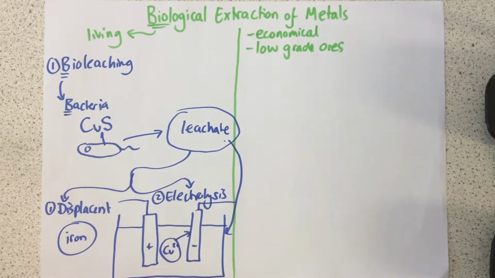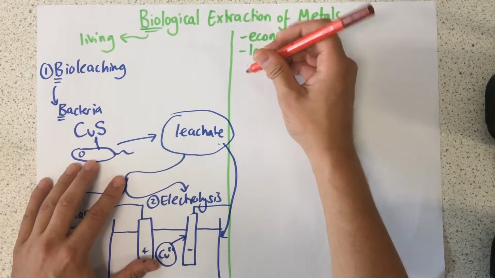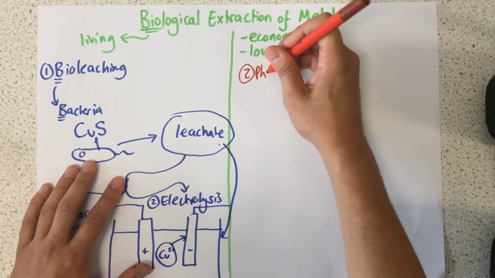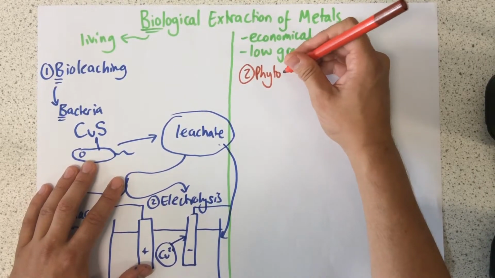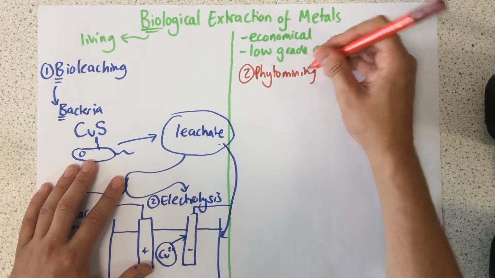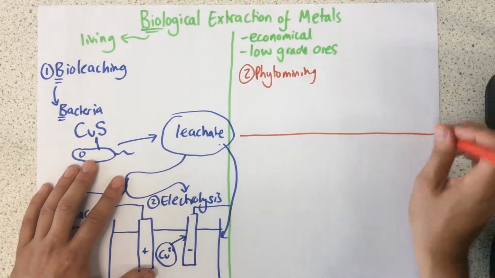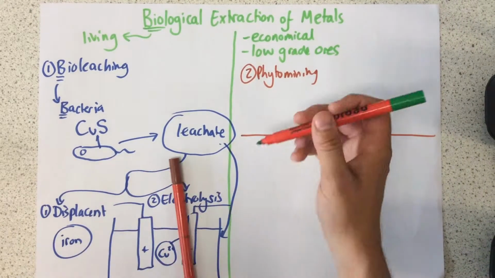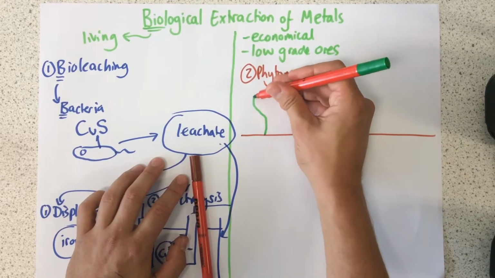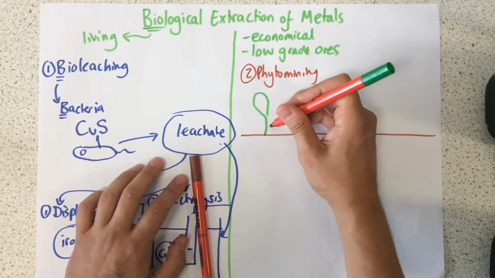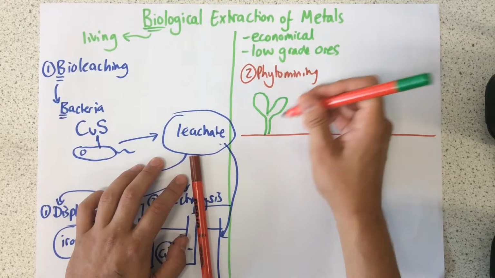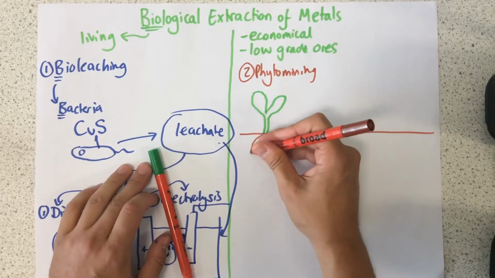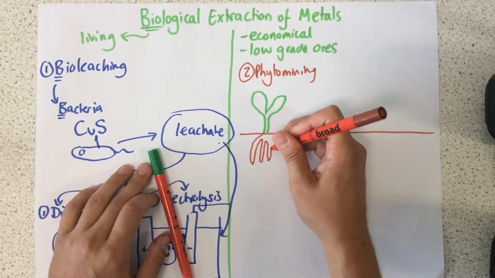The second method, also using living things, is called phytomining. And this is clever. In phytomining, we use plants. So let's say we have a plant here, and underneath the ground, obviously, we have their roots.